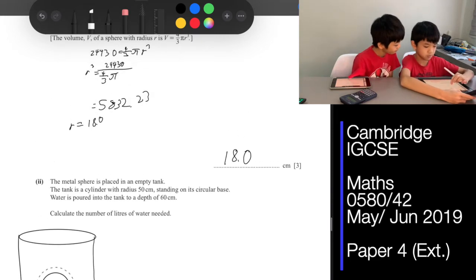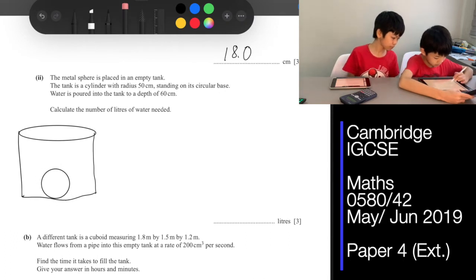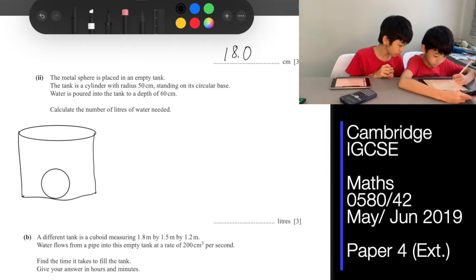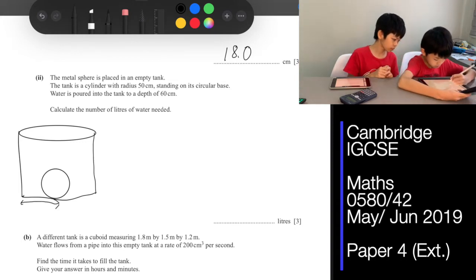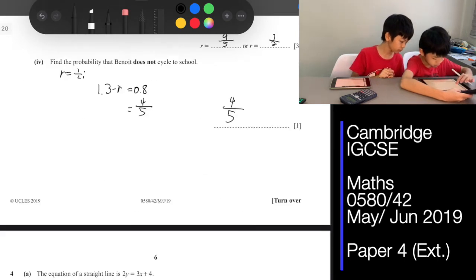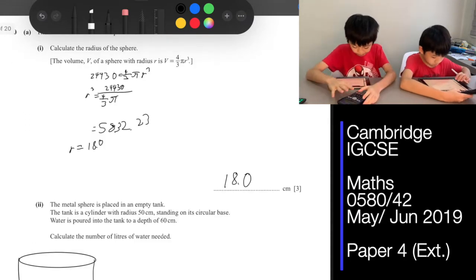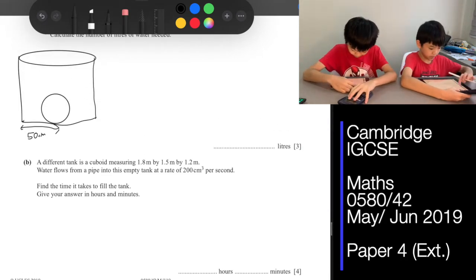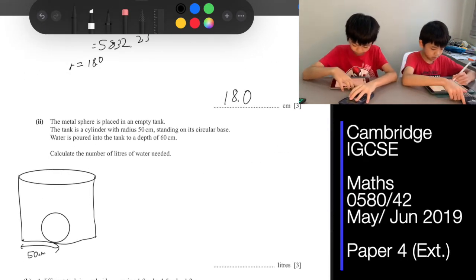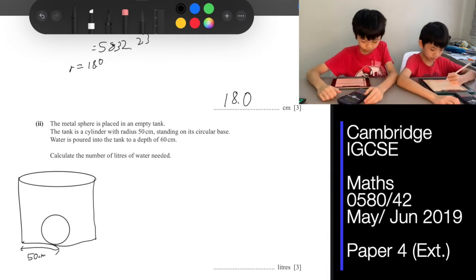And then there's a metal sphere placed into the tank. Well, at least this metal sphere. And then the radius of the cylinder, or the tank, is 50 centimeters. And then now we need to get the volume of this.